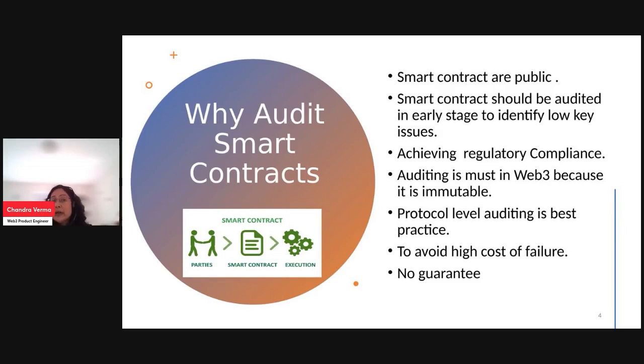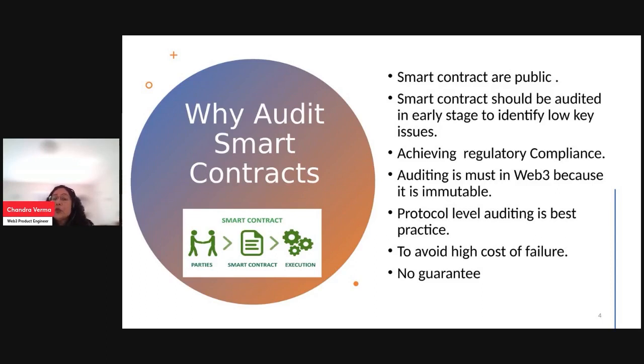There are a couple of reasons. Smart contracts, when they are on chain, are public. So any function written in a smart contract, anybody can access it and they can manipulate it. So it should be secure, it should be audited properly.